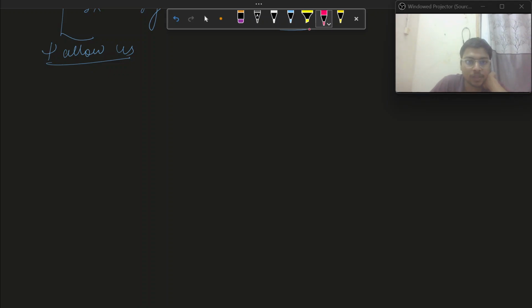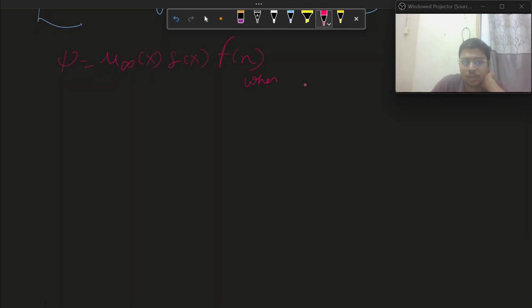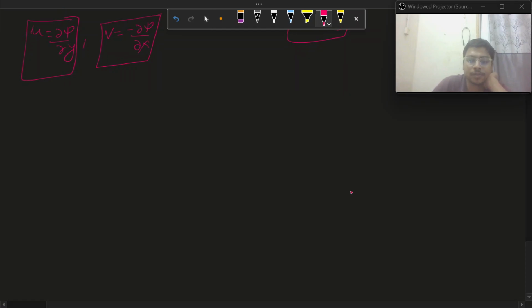From that we can say that φ is equal to u_infinity(x) ξ(x) f(η), where η is equal to y by ξ(x). So u is equal to ∂φ/∂y, and v is equal to minus ∂φ/∂x. So u is equal to u_infinity f dash.